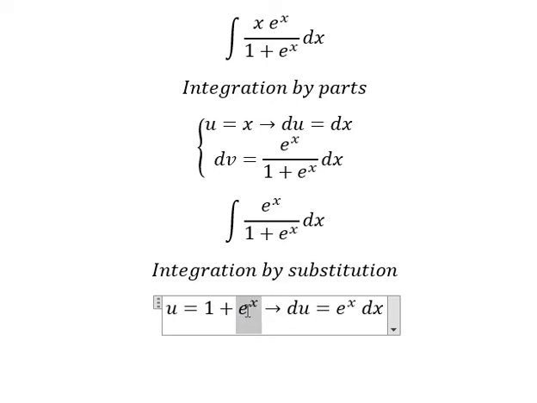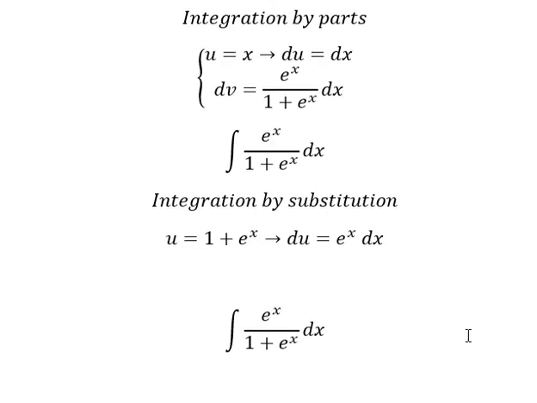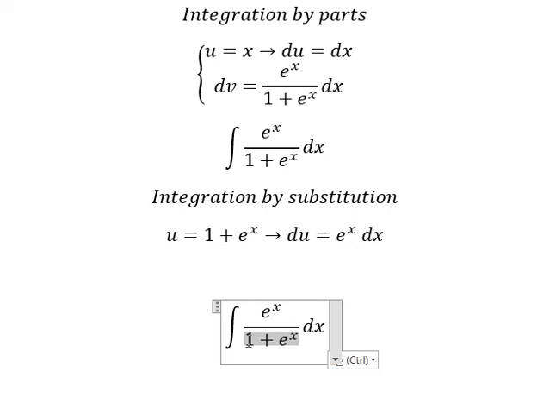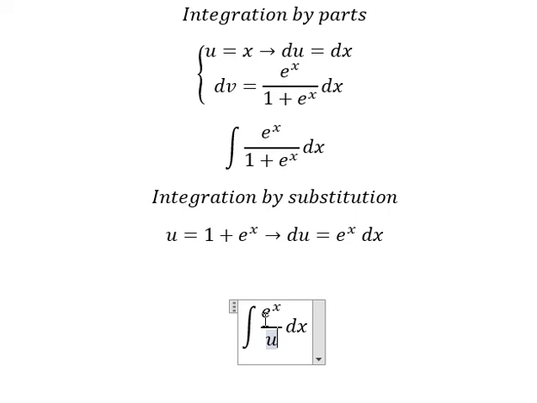First derivative of this one, we keep this one. First derivative of number 1, you get 0 because this is a constant. So this one we change by u, and e to the power of s ds, we change by du.